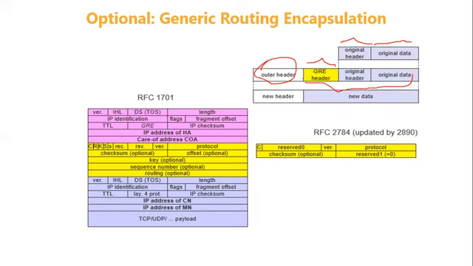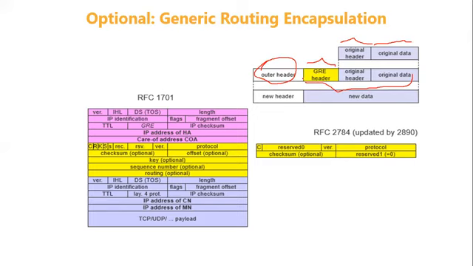This type of encapsulation, where different formats of data can be encapsulated, is called generic routing encapsulation. A packet of one protocol suite can be encapsulated with the packet of another protocol suite.